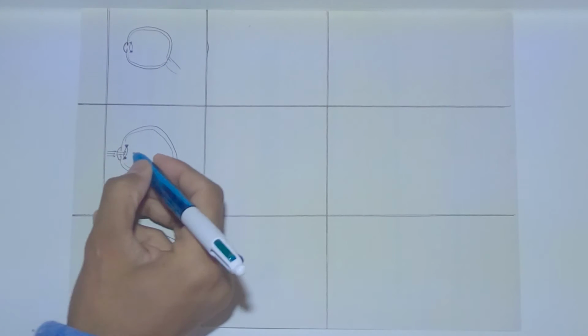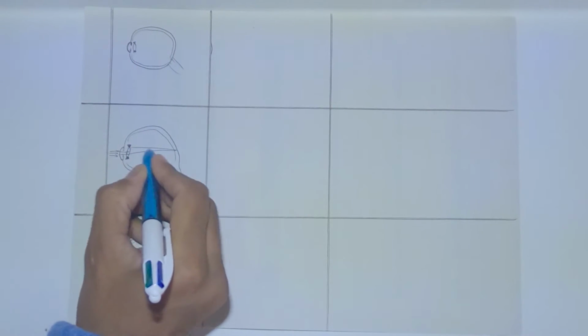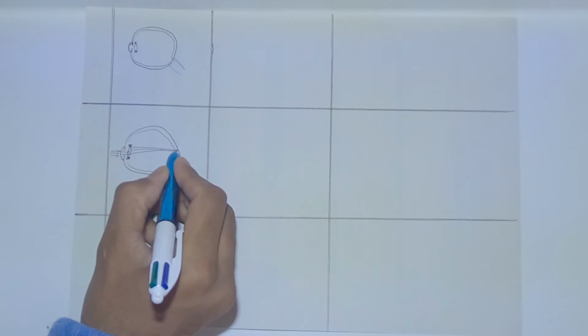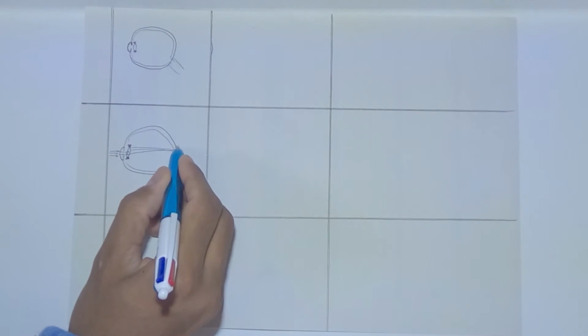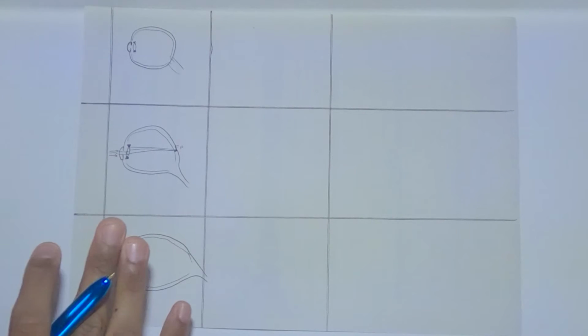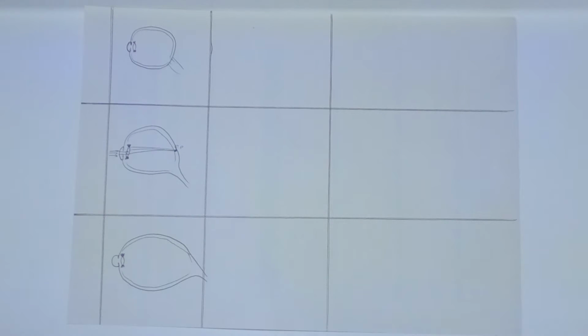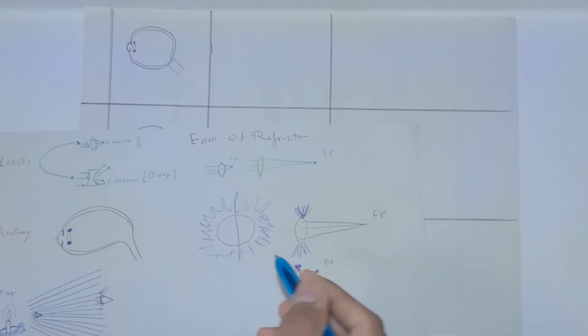Then the lens converges it onto the retina, and that focal point is exactly onto the retina. That is a normal eye. Of course, anything that we're discussing at rest means that the ciliary muscles are relaxed. Remember, the ciliary muscles are relaxed.